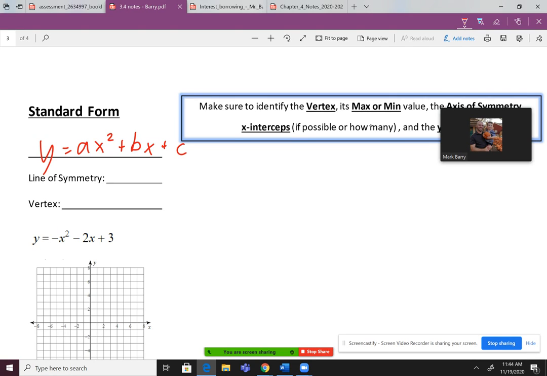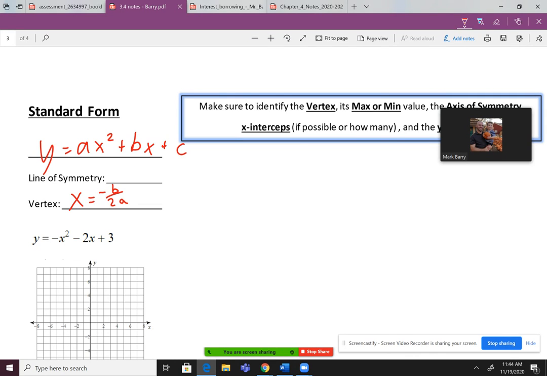Okay. So the thing that kind of sucks about this one is that it is a lot harder to find the vertex. So here's how we're going to find the vertex. It's going to be x equals negative b over 2a. So you kind of have to do a formula for this.